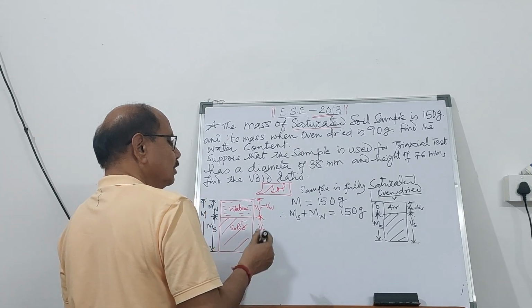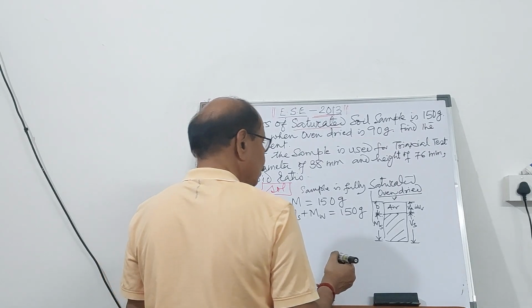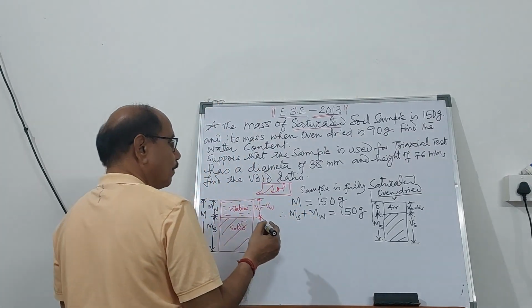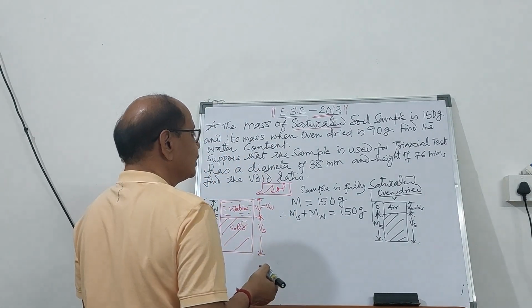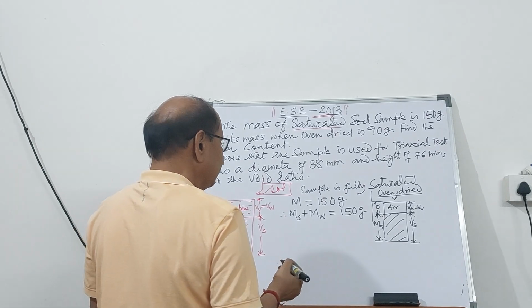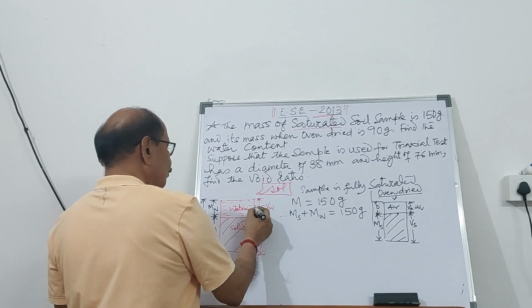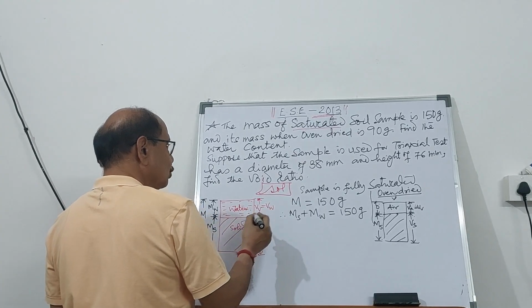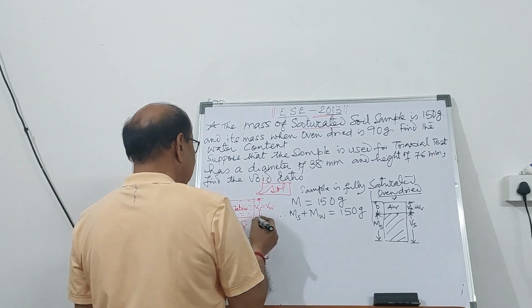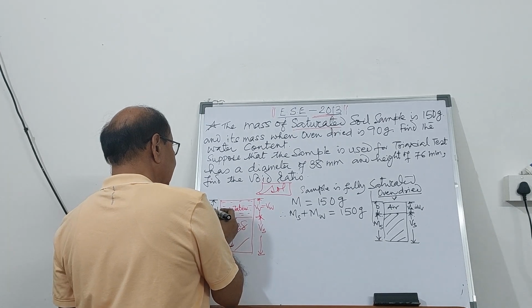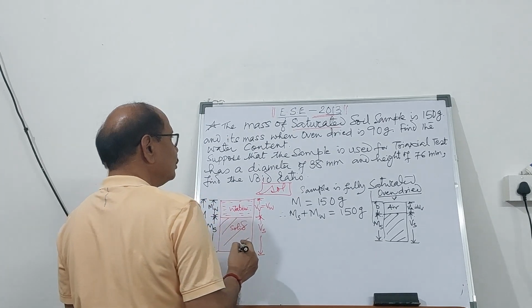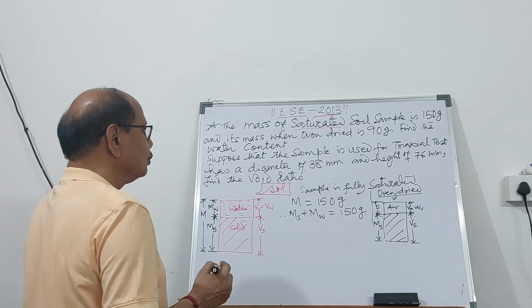So this is the air part. So these are the three-phase diagram, and you can see here volume of water is known to you, and the mass of water is also known to you.